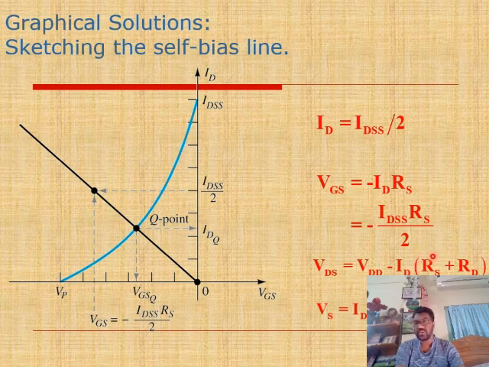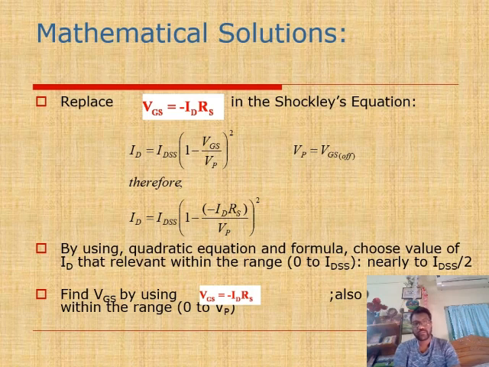This is a series circuit, so the ID current will be the same in RS and RD, and the total series resistance of the path will be RS plus RD. So VDS is the supply voltage VDD across drain and source, minus ID, the current through the device, into RS plus RD. The same thing is also written over here, along with Shockley's equation for these biasing circuits.